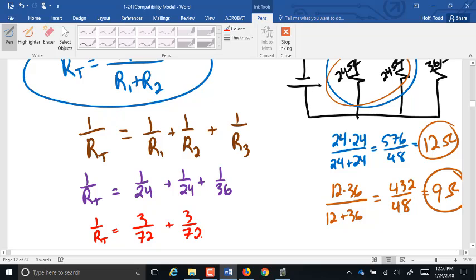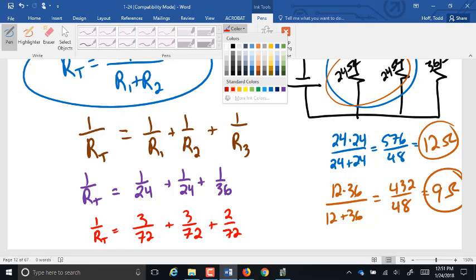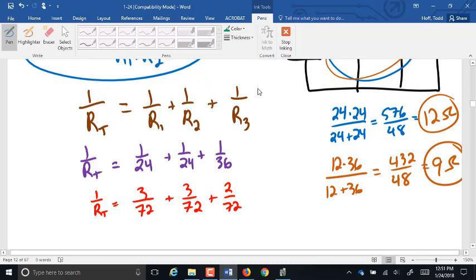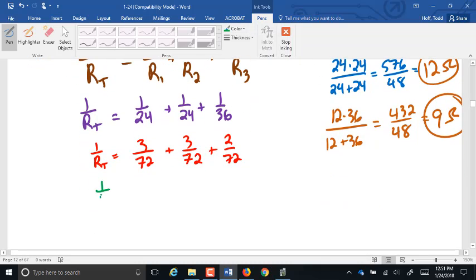So 1 over 24 is 3 over 72. 1 over 36 is 2 over 72. Three plus 3 plus 2 is 8, so that's 8 over 72. You'll notice that's the reciprocal. So you take the reciprocal. RT is 72 over 8, which is 9.